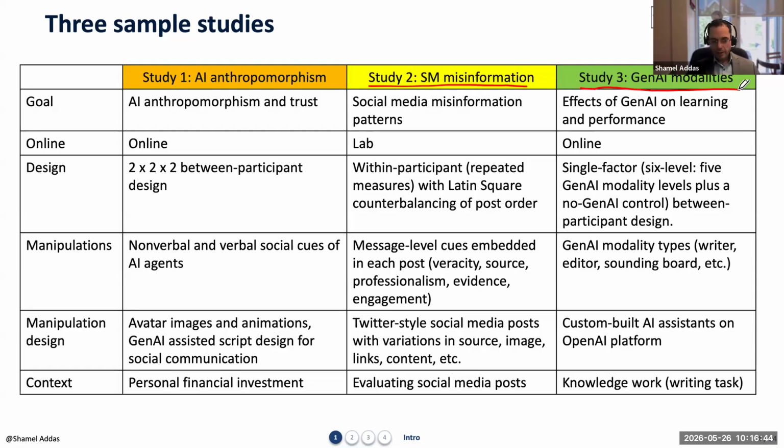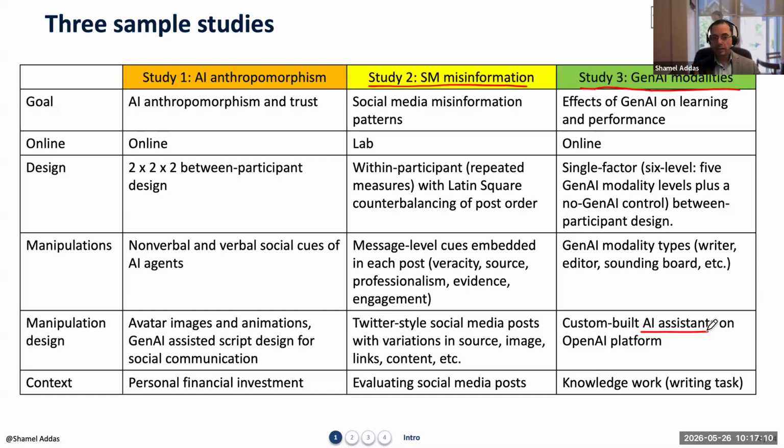So the design here, the manipulation design, is that we developed AI assistants using the OpenAI platform. So we connected to OpenAI from the back end using APIs. And we delivered this experience. The front end was basically a very standardized interaction on a website in which people could only access the generative AI.